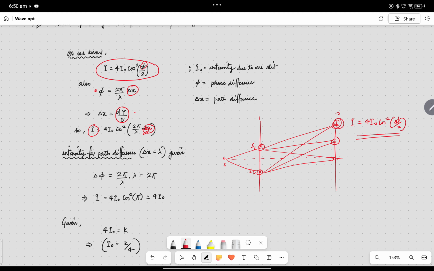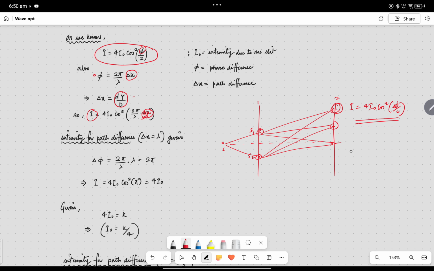Now you have seen that phi is the phase difference. We have 2 pi by lambda delta x, and this delta x is small d y by capital D. This capital D is the distance between the board and the slits, small d is the distance between the two sources, the cuts, and y is the distance from the fringe we are talking about to the brightest fringe at the center.